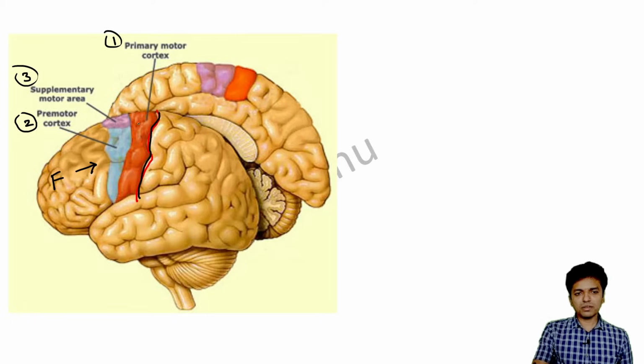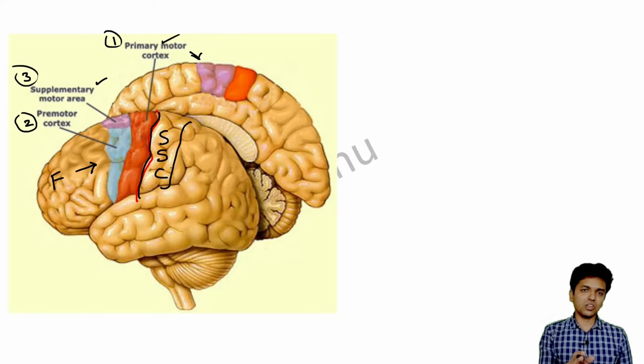Also, we have to remember that the primary motor cortex and the supplementary motor cortex are also encroaching onto the medial surface of the cerebral hemisphere. And the area which is located posterior to the central sulcus, this area, is called the somatosensory cortex. So this is the location of the motor cortex and the somatosensory cortex.